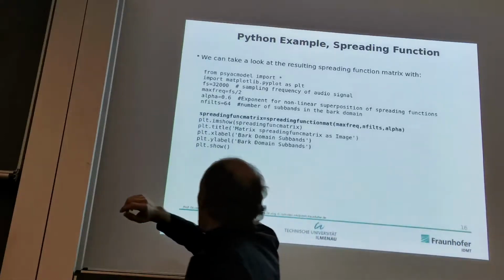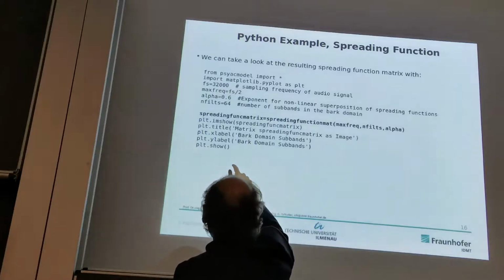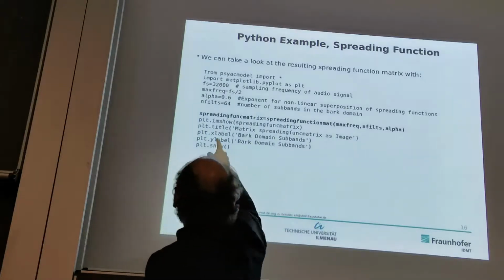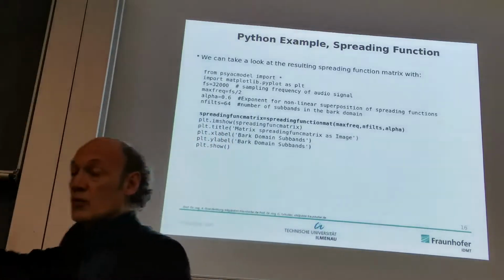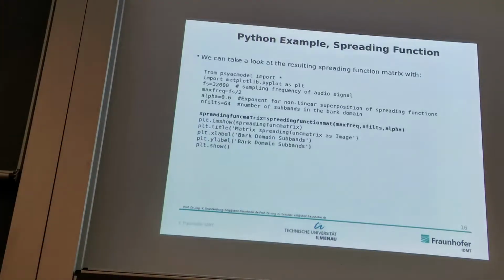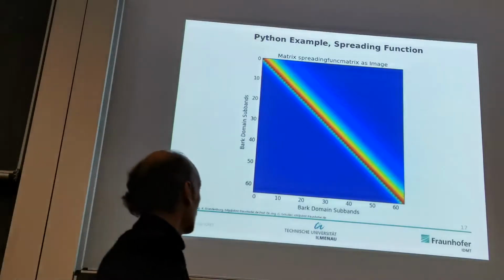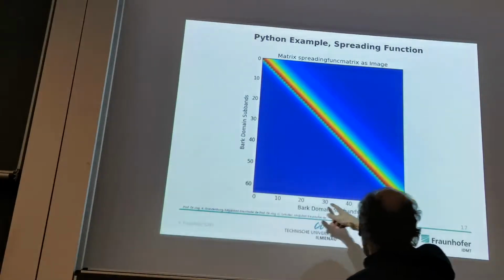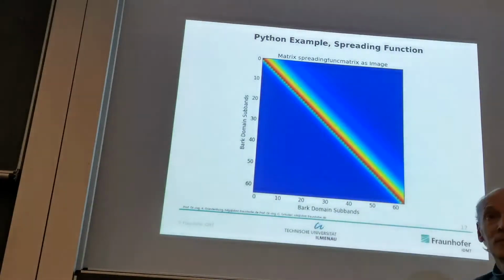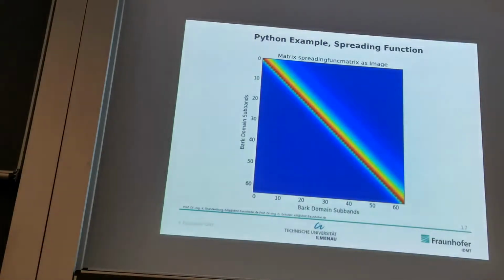Then it plots this spreading function matrix as an image using imshow. Here you can see the result. This matrix is 64 by 64: 64 bands in, 64 bands out, because it's doing this multiplication and addition.